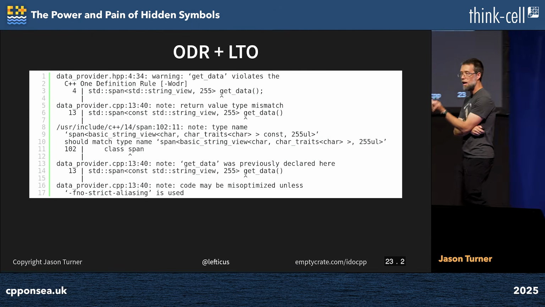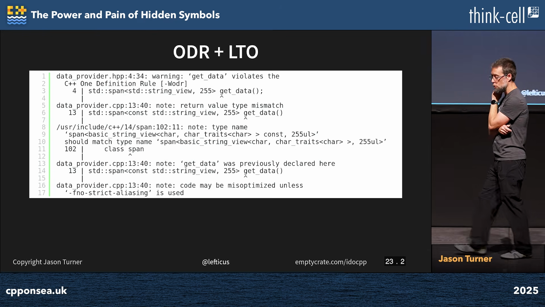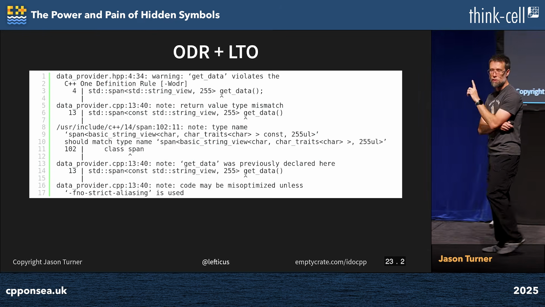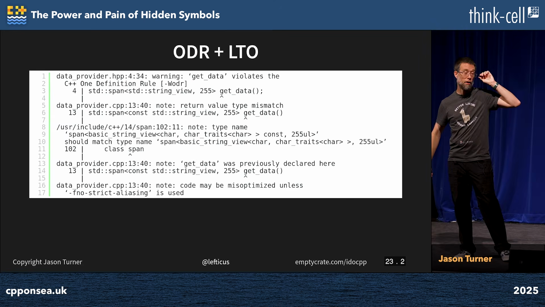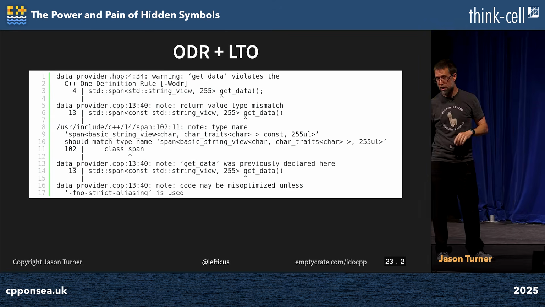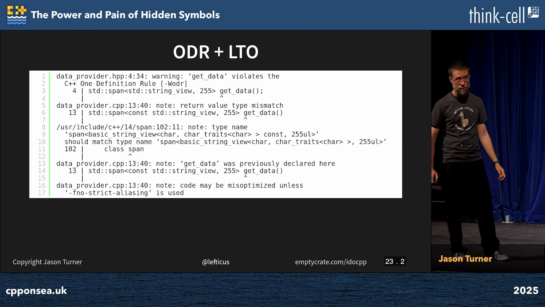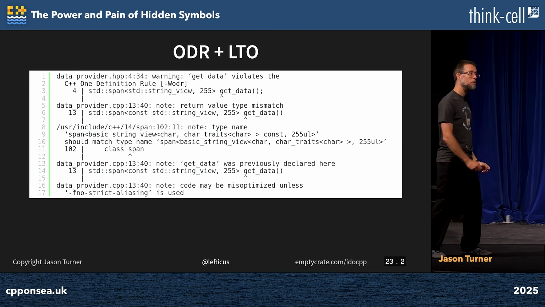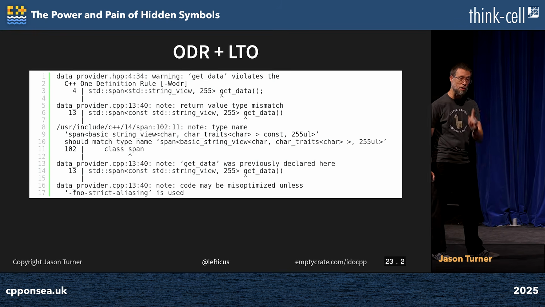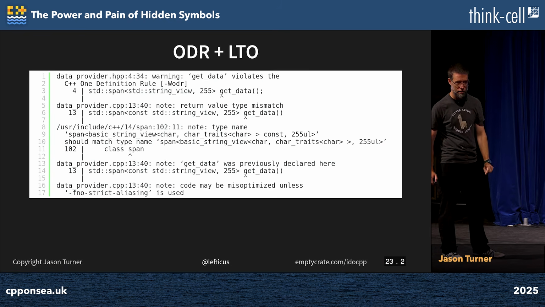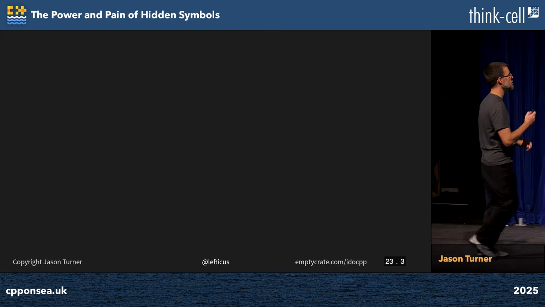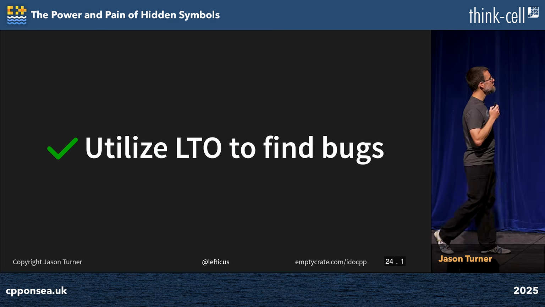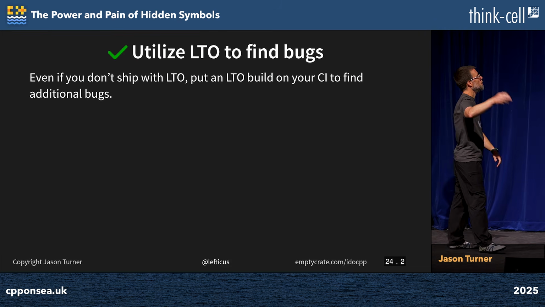Does anyone else have code that wouldn't link with link time optimization because of ODR violations? Oh, well, just so you know, on big old projects, you might see weird things. I've seen multiple different definitions of the same enumeration. And LTO can expose this stuff. Okay, so utilize LTO to find bugs, but none of you have bugs, so it's fine.